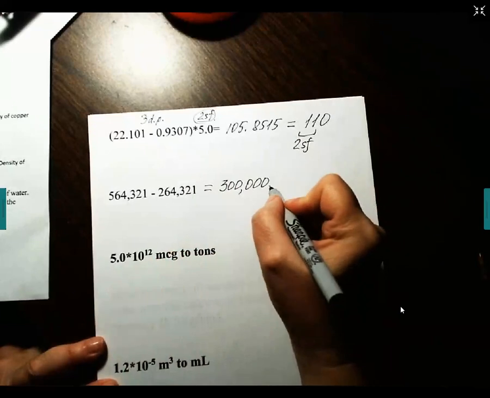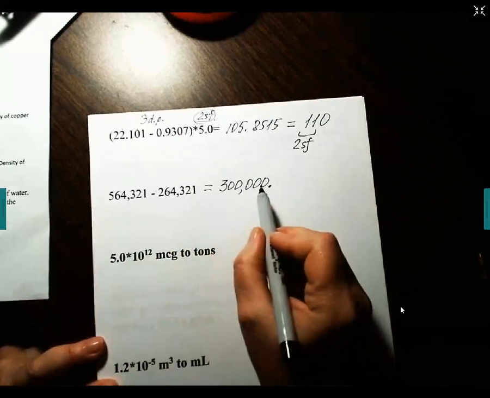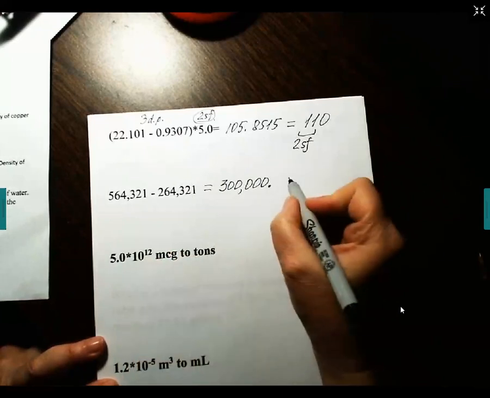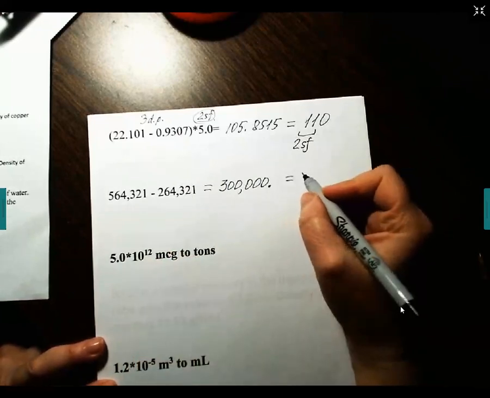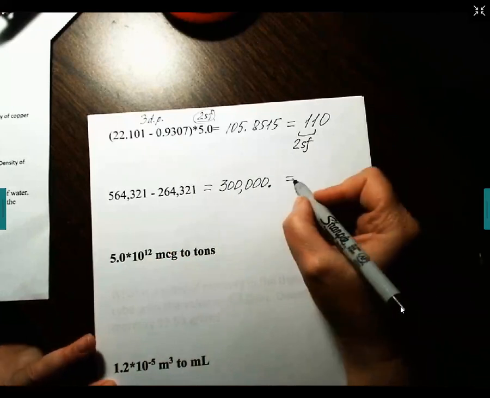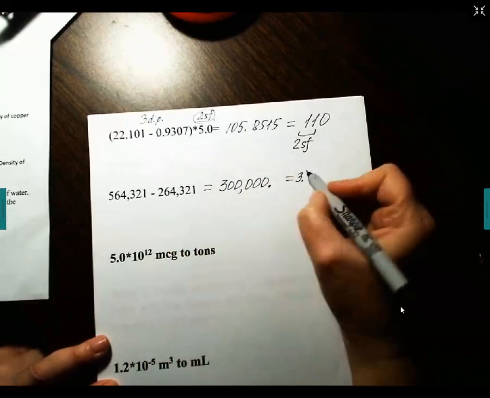So we should put a decimal point here to keep 6 significant figures. So all these zeros in this case are significant. Or we can represent this number in scientific notation. In scientific notation, it's going to be 3, and we should keep all the zeros.